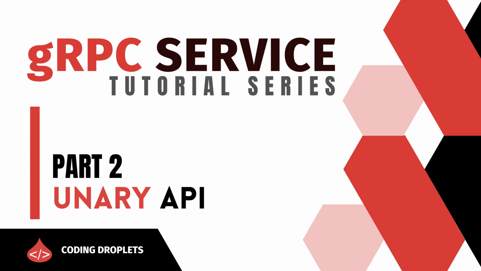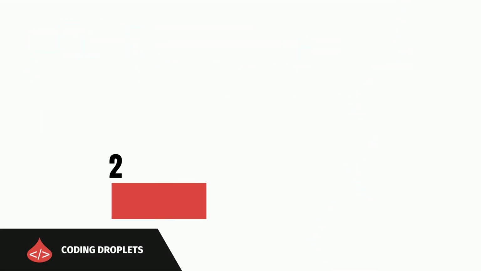In the previous video, we covered the basics of gRPC and different types of gRPC APIs. Now in this video, we are going to see the first type of gRPC API, that is gRPC Unary API. So we are going to implement gRPC Unary API in .NET C#.